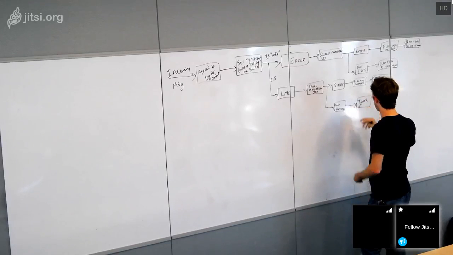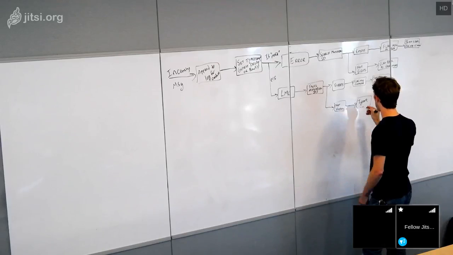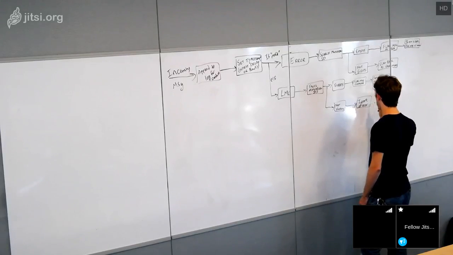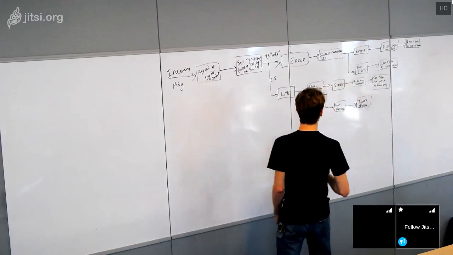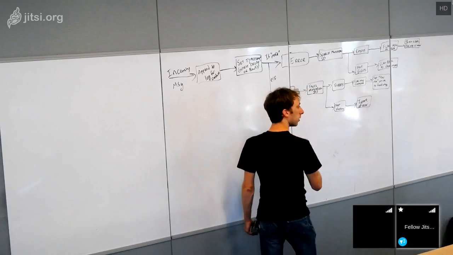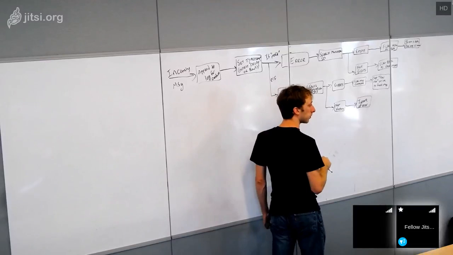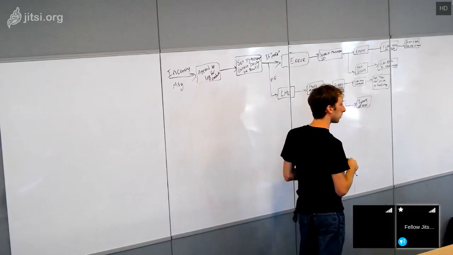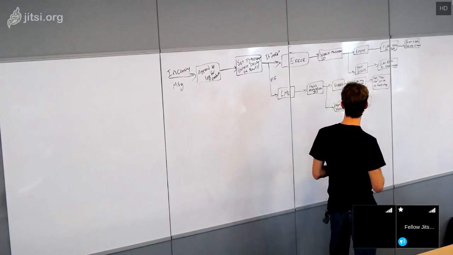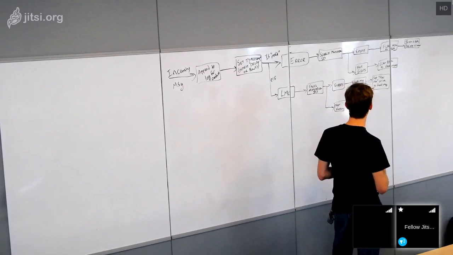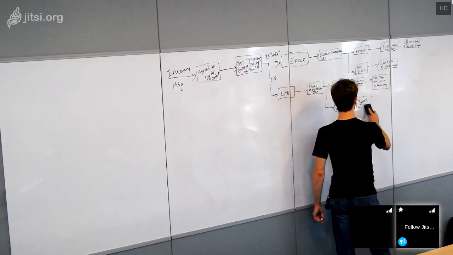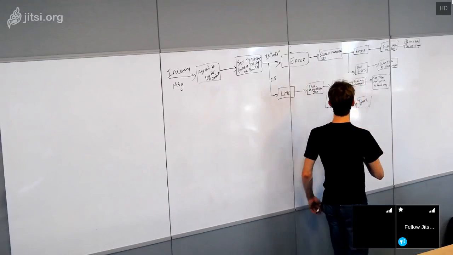I guess that's a client decision, ignore or error. No, I don't even want the error. If you got a correction for something that didn't exist, it's still a message you want to display. So that whole non-existent branch we can get rid of. Yeah, just drop it, don't care.